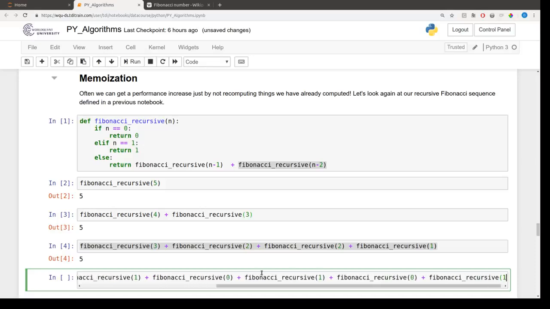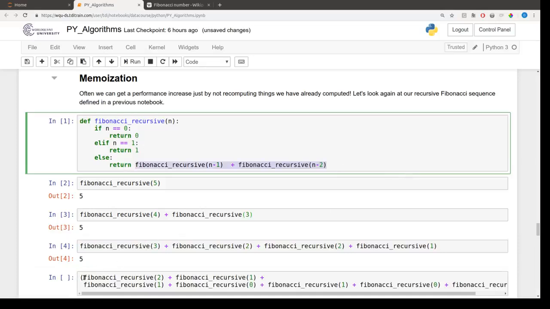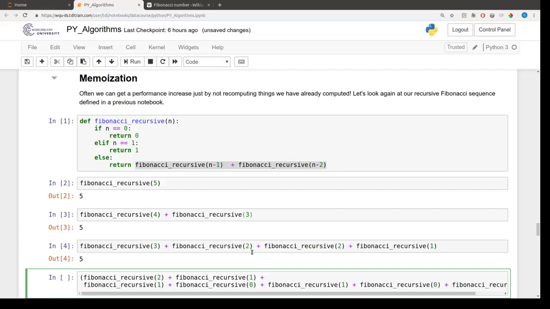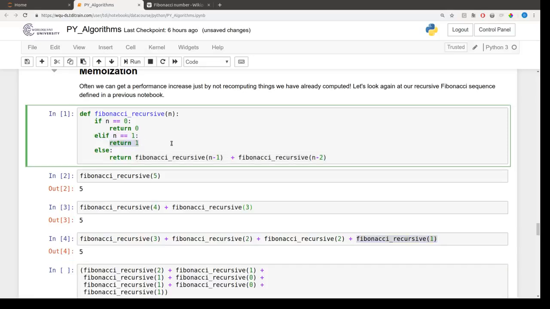So I'm going to expand it one more level, and then I'm going to say that's enough, because you get the idea. So here we have Fibonacci 3, which recursively calls, again, Fibonacci 2 and 1. Fibonacci 2 becomes 1 and 0. We have another Fibonacci 2, which becomes 1 and 0. And this Fibonacci 1 doesn't make a recursive call, because n equals 1 just returns 1.